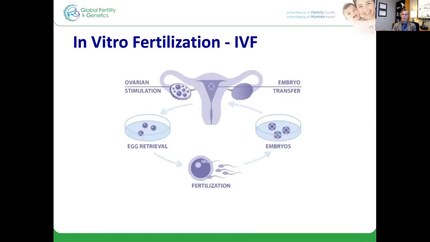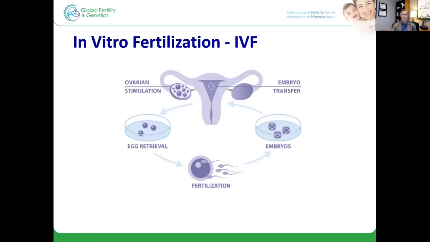This is the procedure to obtain the eggs and make the embryo in the lab. We first need to stimulate the ovary of the partner or of the donor to grow the follicles, which are the bags of fluid which contain the eggs. And when the eggs are mature, we will retrieve the eggs.